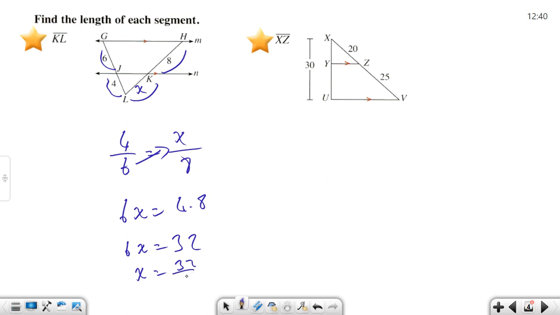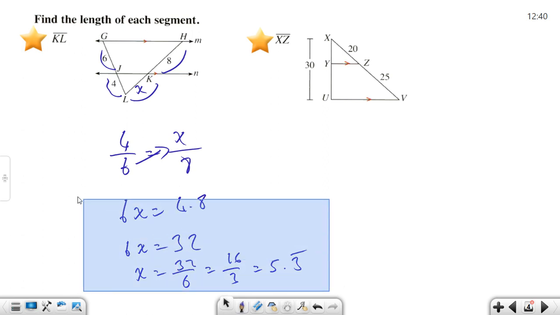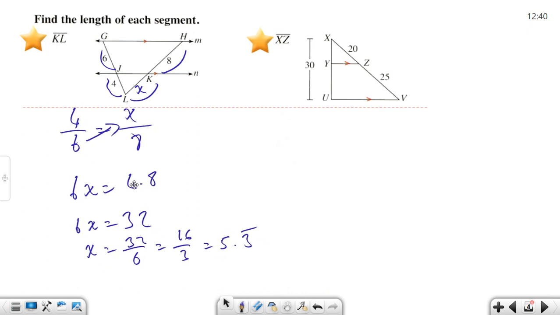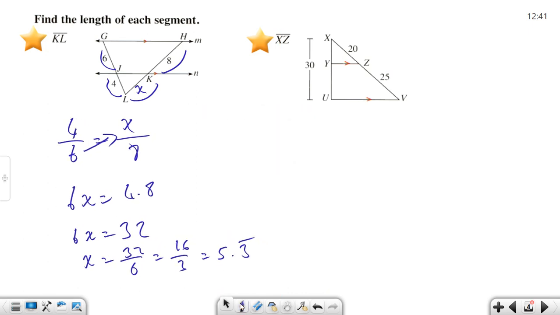X equal 32 over 6. That means 16 over 3, and it's equal to 5.3, and this 3 is repeating. That's the first one. Only cross multiplication and we will find the missing value.